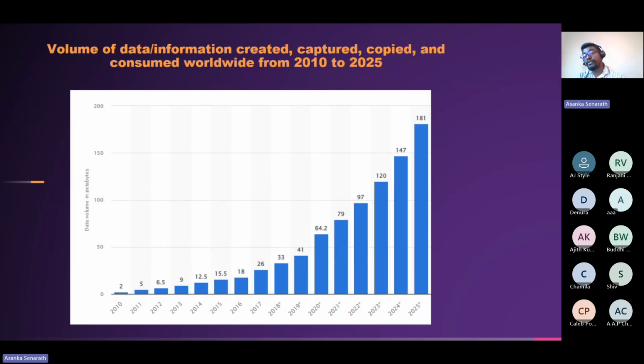In 2025, it has become 181. Within 15 years, 90 times bigger, right? You can see the data has grown at an exponential rate. Exponential means at the beginning it shows small growth, but it keeps on growing and becomes very big.